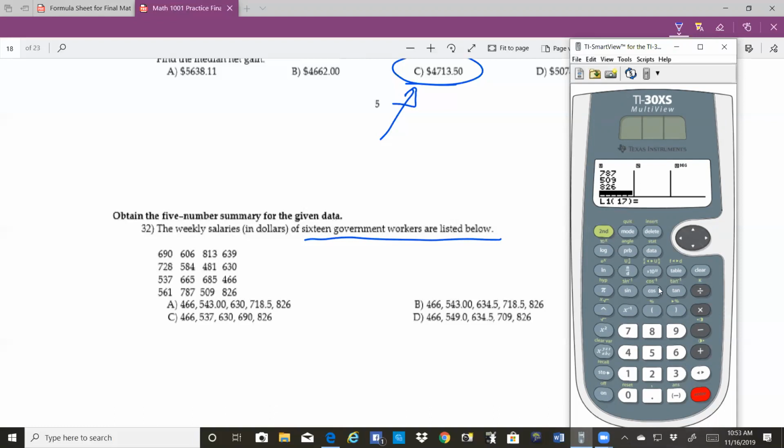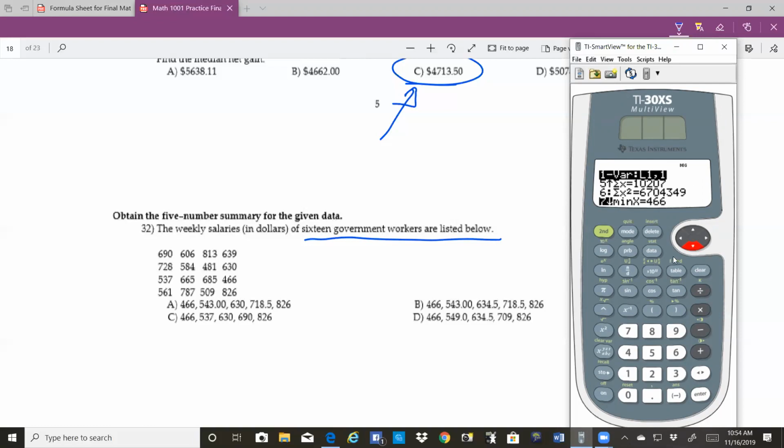I'm going to go ahead and calculate, do second, data, and we're going to do variable statistics. And we're going to do it on L1 with a frequency of 1. And we're going to hit calculate. And I'm going to assume that if I put the data in right, that the answers are here.